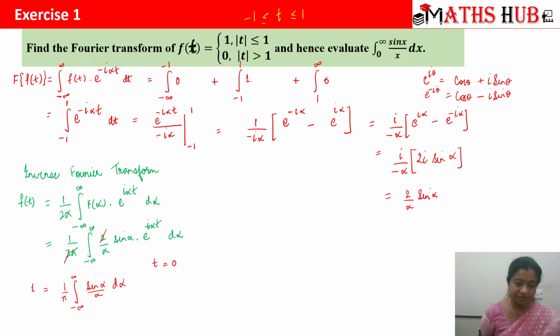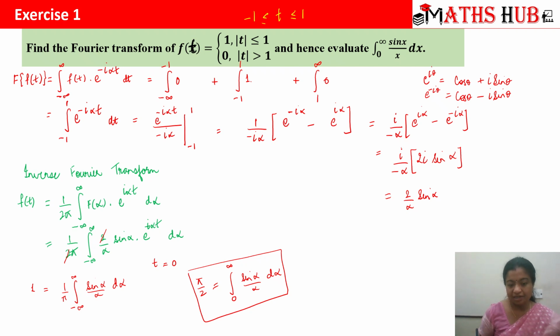Right? Now sin alpha by alpha is an even function, right? So we can make this interval twice, so 2 will come out and go to that side, and it will become pi by 2 is equal to the integral from 0 to infinity of sin alpha by alpha. So we were supposed to calculate this integral only, 0 to infinity sin alpha by alpha d alpha.